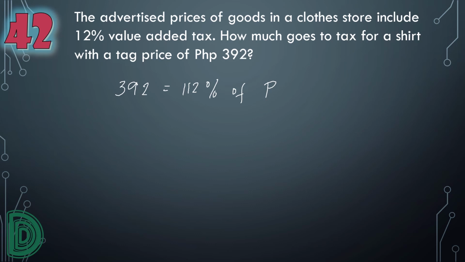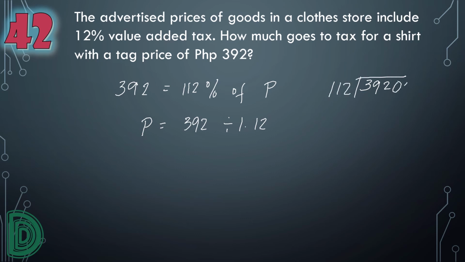So to solve for the actual price of the shirt, we divide 392 by 112%, that is 1.12. So that will be 392 divided by 112.